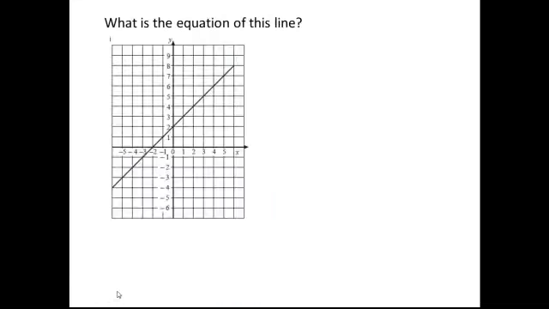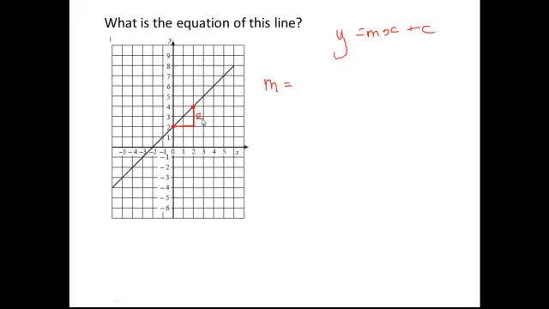Now we can use this to find the equation of a line just by looking at the line. Again, we know an equation of a line is y is equal to mx plus c. So we need to find the gradient m, and we need to find c. Because we've just learned about the gradient, let's take a look here. Remember I said just pick 2 points on the line. So I'll pick this point here and this point here and work out the rise and the run.